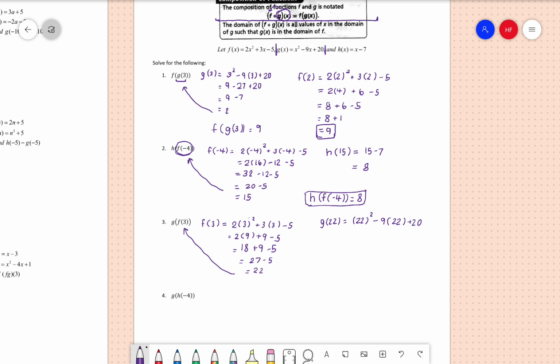So we've got big numbers here. 22 squared is 484 minus 9 times 22, 198 plus 20. 484 minus 198 is 286 plus 20. We get 306. So g of f of 3 equals 306.